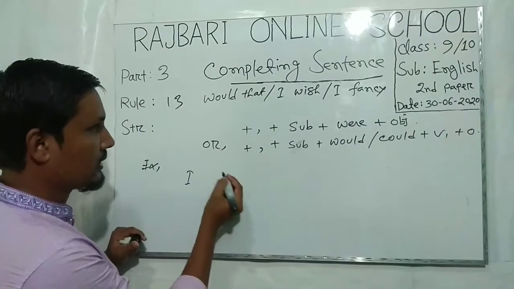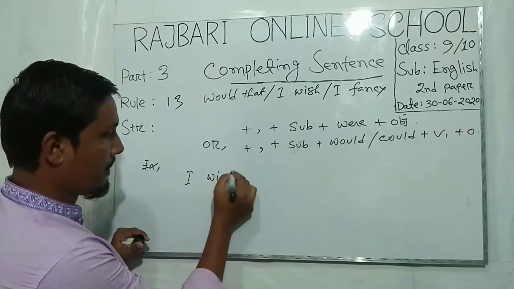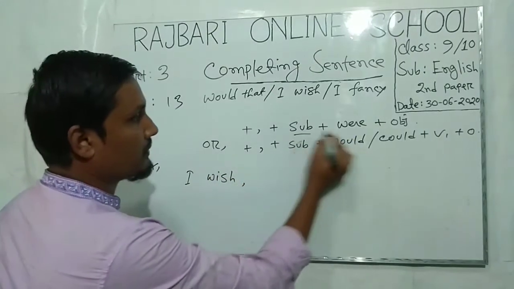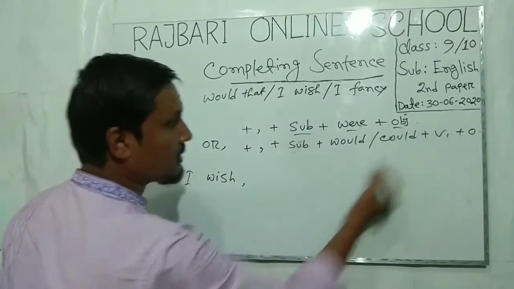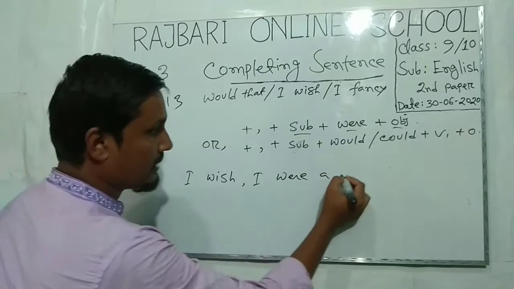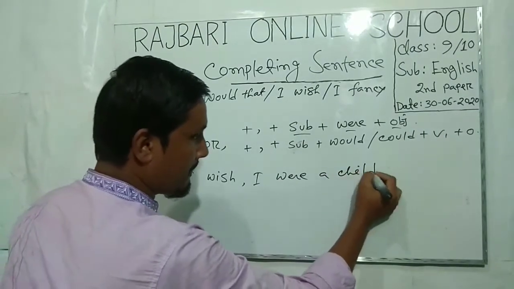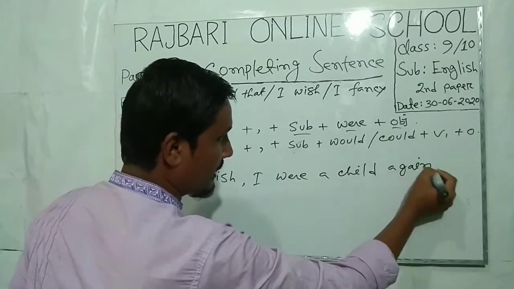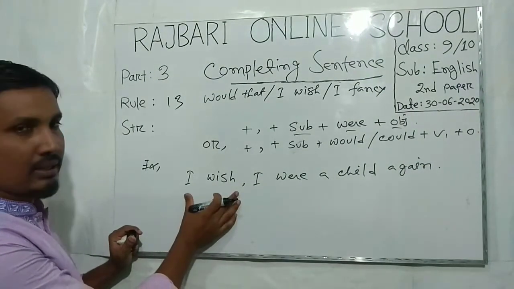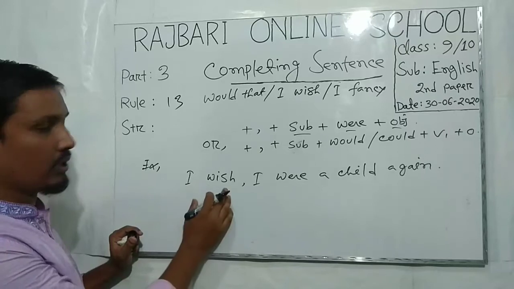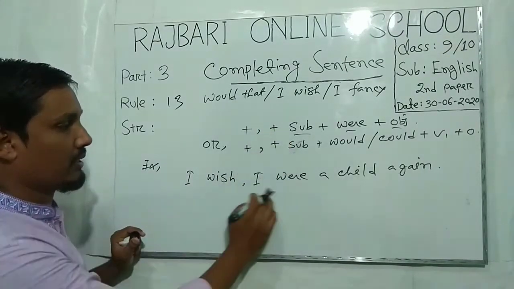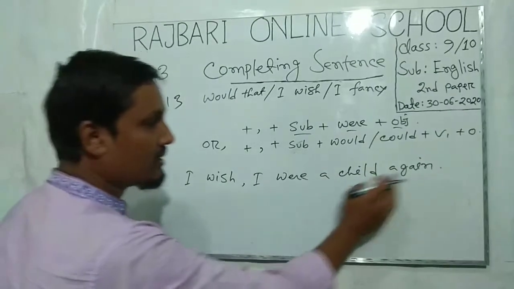I wish, comma, subject verb were plus object. I wish I were a child again. Can you understand, my student? Before starting the sentence, I wrote I wish, then I followed the structure, that is structure 1. I were a child again.